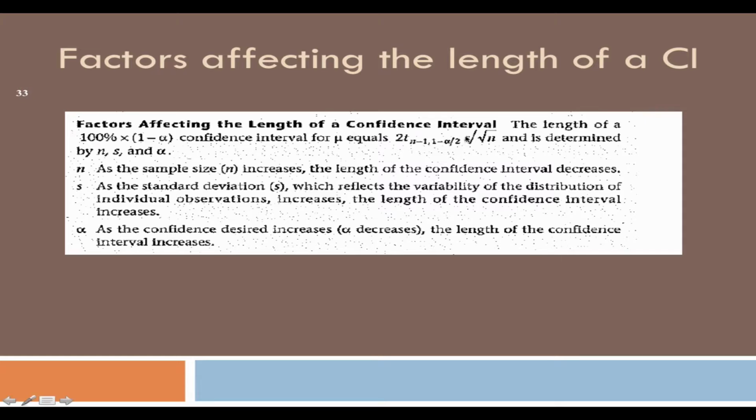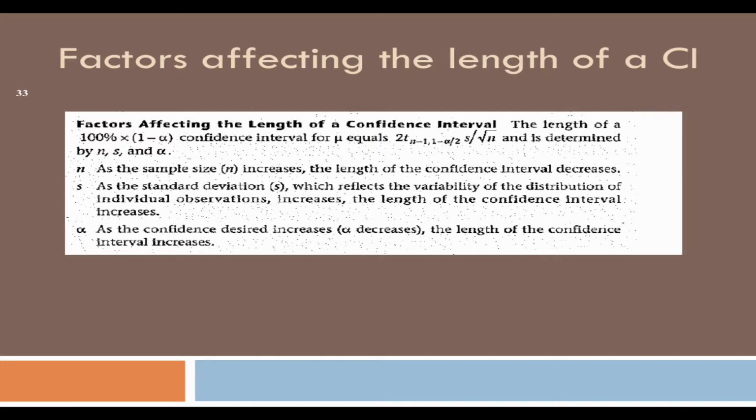If s gets bigger, the confidence interval also gets bigger. The last thing that determines the length of a confidence interval is alpha. If alpha decreases, the length increases. Those are the 3 factors that decide the length of a confidence interval.